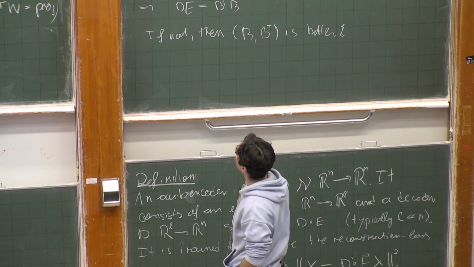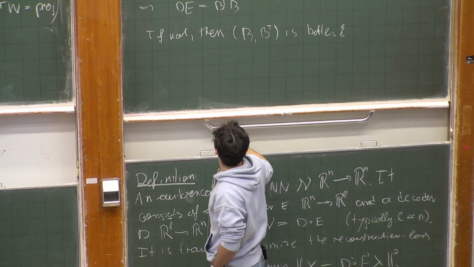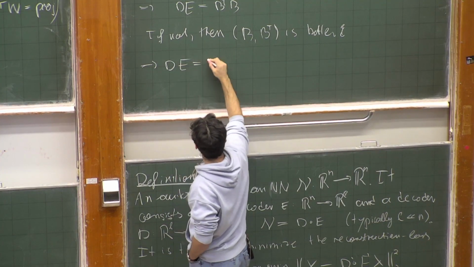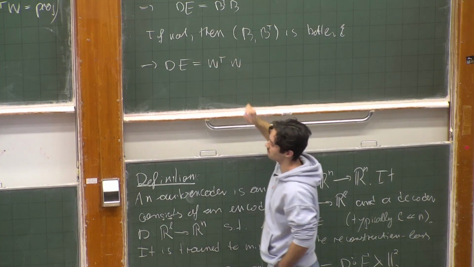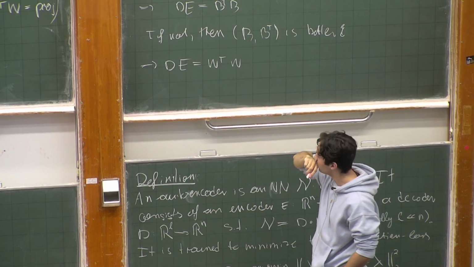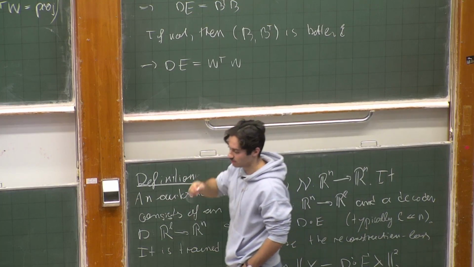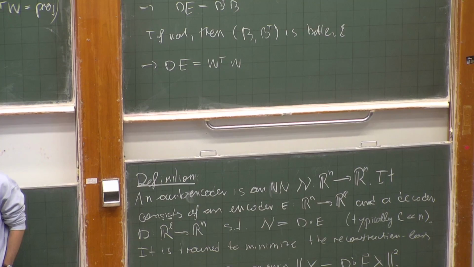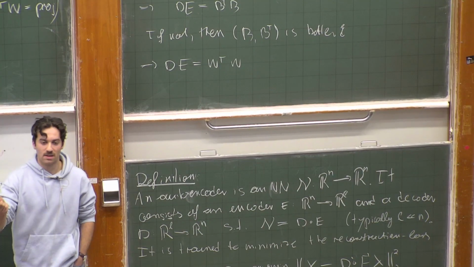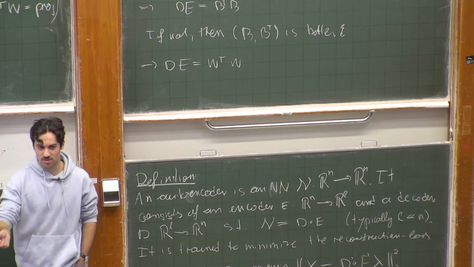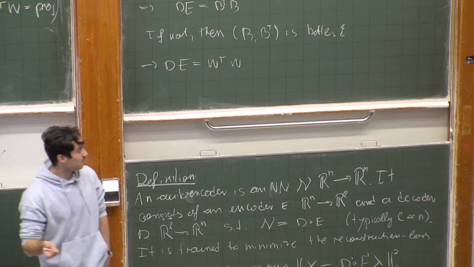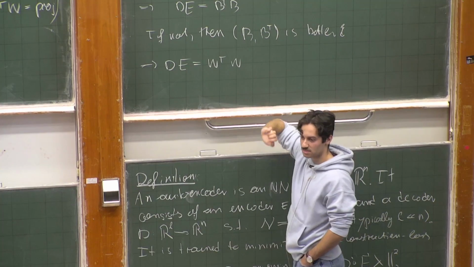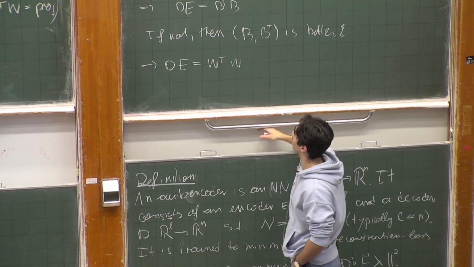And what have we seen now? From this we can also conclude that DE is already W transpose times W, the PCA solution. This is because you can think of the PCA solution as looking at the optimal orthogonal projection to a lower dimensional space. Because this is already an orthogonal projection, and by the optimality assumption, we know that this already holds.